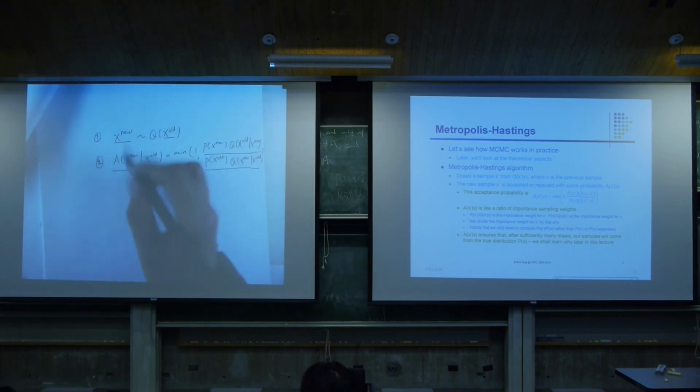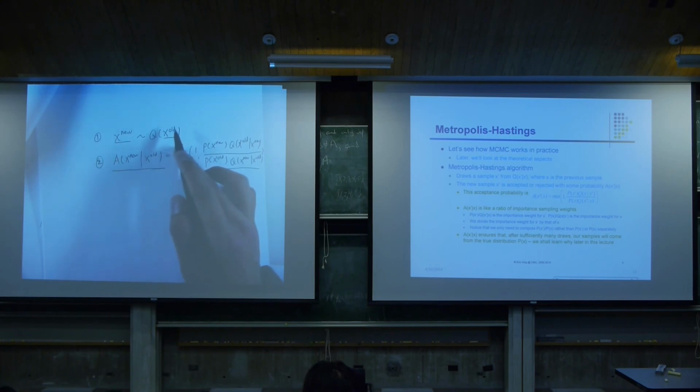And similar to rejection sampling, we are going to use this quantity to decide whether we accept this X new or not. If we don't accept it, we generate another sample from this Q given X old and try again. If we accept X new, we are going to replace X old with X new and move to the next step.